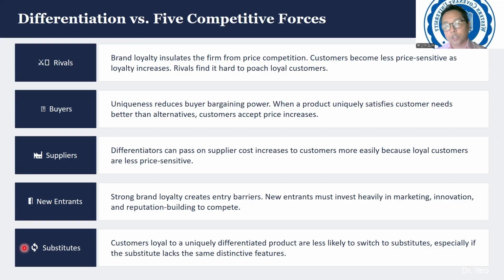And substitutes. Loyal customers are psychologically committed to the differentiated product. Switching to a substitute feels like a step down, even if the substitute costs less. Apple users don't easily switch to other phones, even with a significant cost savings.